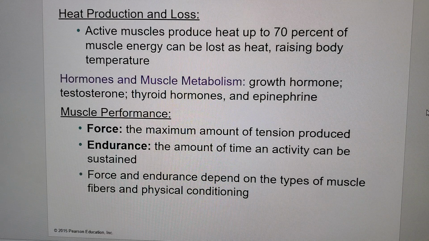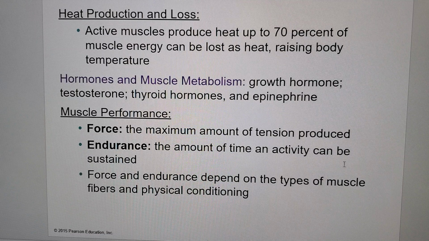Hormones and muscle metabolism. Moving around is going to create heat, but hormones, they affect every aspect of our entire body. Growth hormone directly affects muscle growth, muscle formation. Testosterone directly affects muscles.